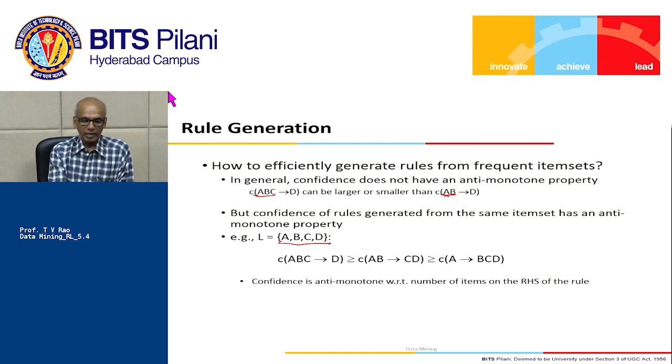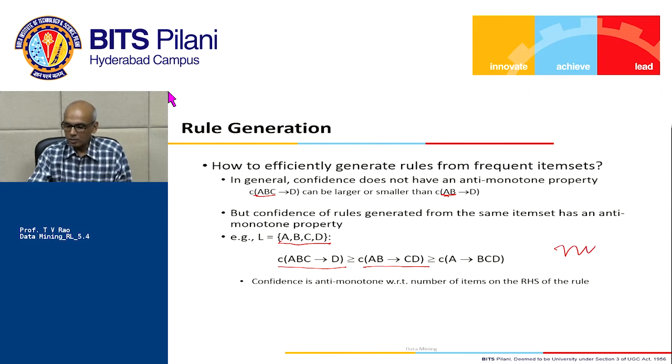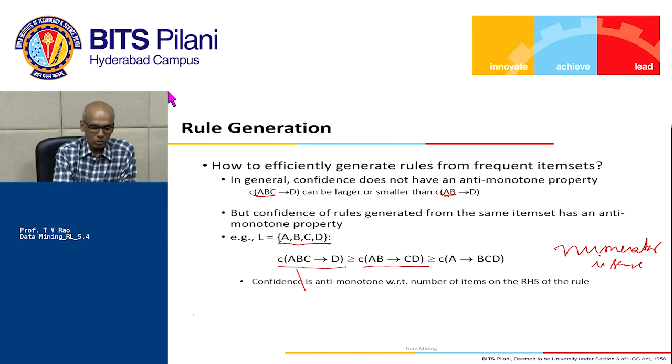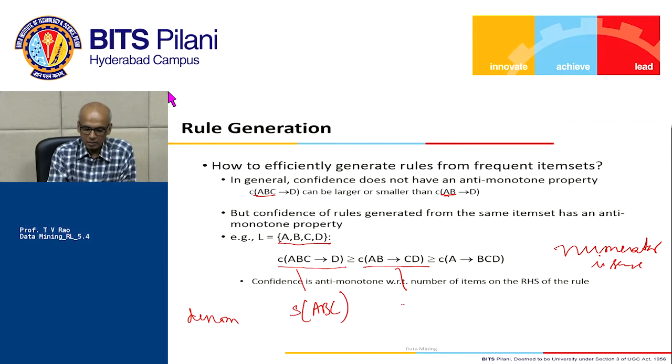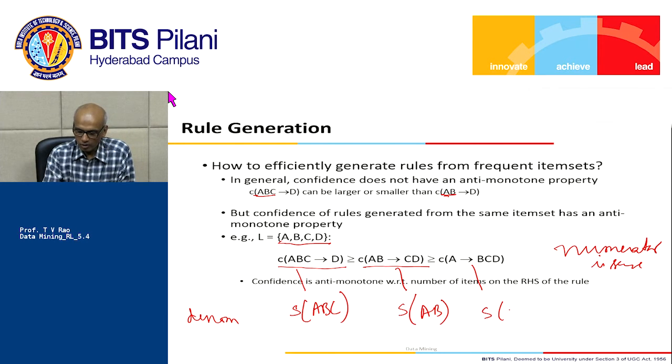But if we generate rules which have all these terms A, B, C, D, then the confidence for ABC implies D will be greater than the confidence for AB implies CD, for the simple reason that the numerator is the same, and the denominator is the support for ABC in this case, the support for AB in this case, and the support for A in this case.